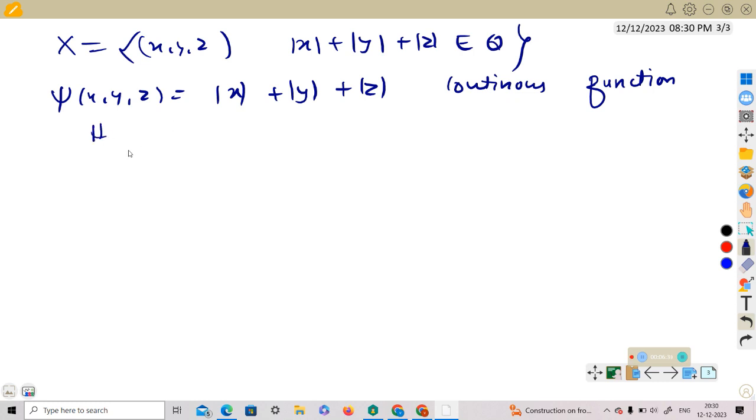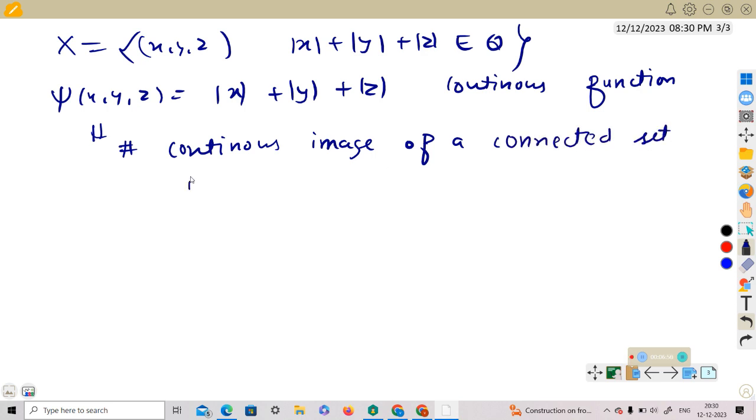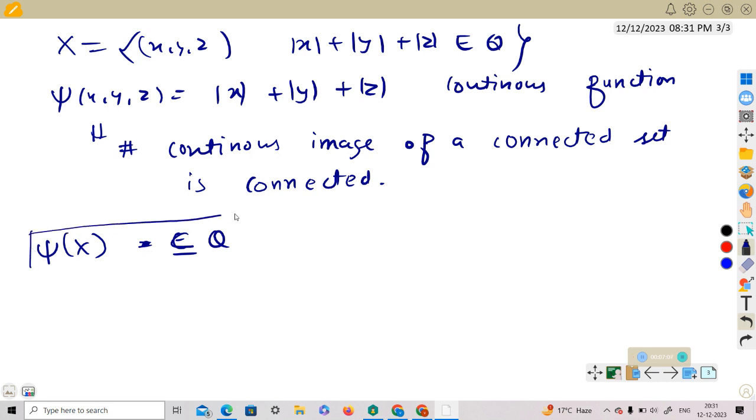Now its image: we know that a continuous image of a connected set is connected. But what is the image of phi on X? This is only a subset of Q, which is not a connected set.